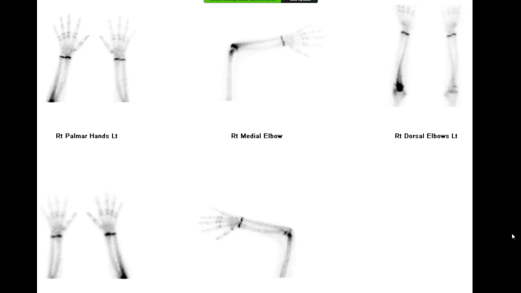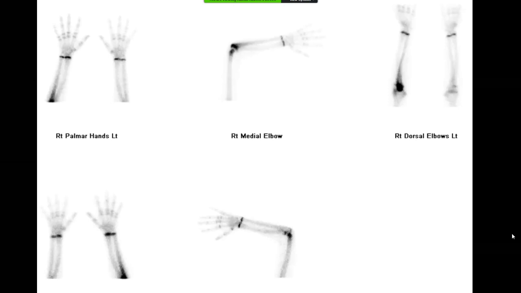This activity is not seen on the contralateral side. In the rest of the images, I can see physiological uptake in the epiphyses on both sides, at the distal radioulnar joint. However, this area is not seen on the left side, so it could be a fracture.